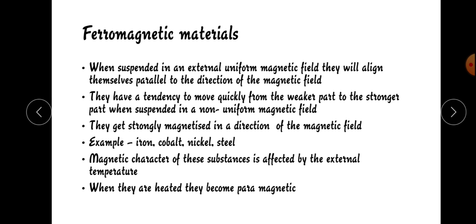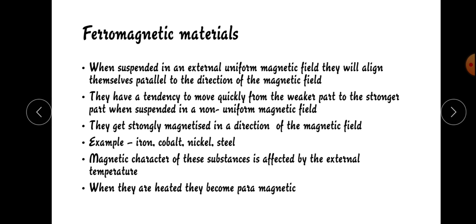Next, let's see about ferromagnetic materials. When suspended in an external uniform magnetic field, they align themselves parallel to the direction of the magnetic field, like paramagnetic materials. They move quickly from the weaker part to the stronger part in a non-uniform magnetic field.